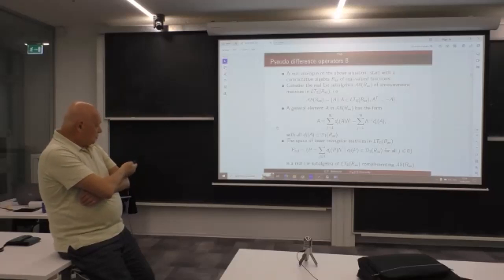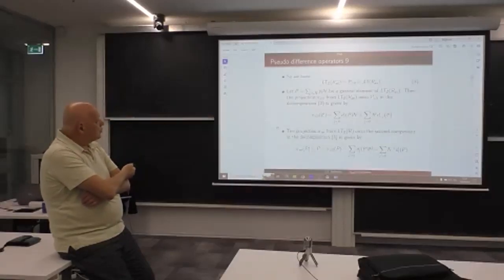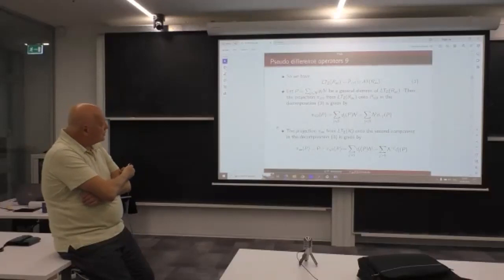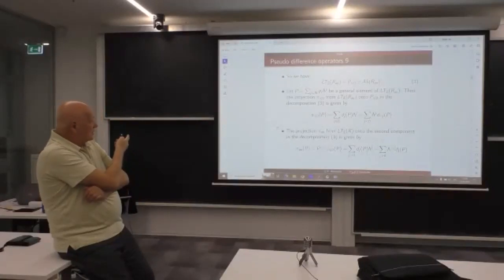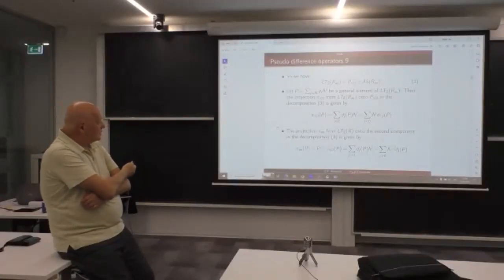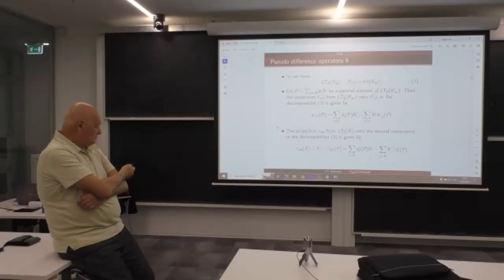This is again a complement. We also get, in the real case, a splitting, and the projections I denote in the same way, like the algebra, say, corresponding to this P smaller or equal than 0 or P AS.